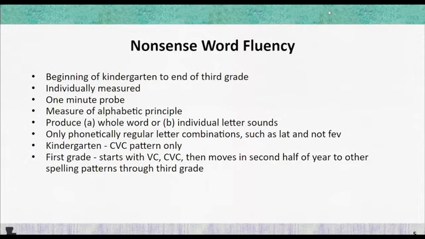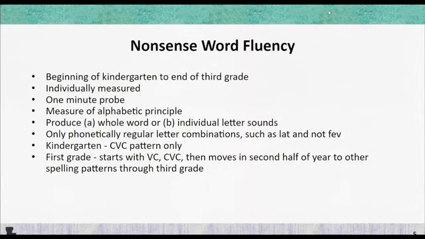For this measure, students are presented with a sheet of paper with nonsense words, such as sig or row, and asked to verbally produce the whole nonsense word or individual letter sounds. For example, if the stimulus word is hap, a student can say the nonsense word as a whole word, hap, or h-a-p, to receive 3-letter sounds correct.